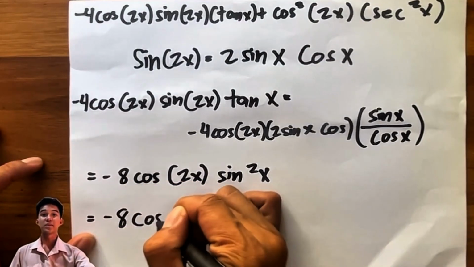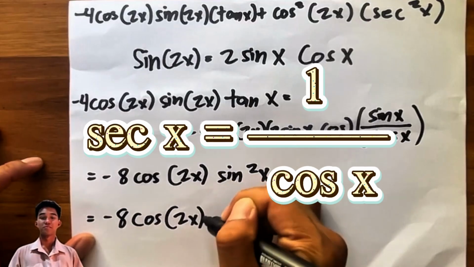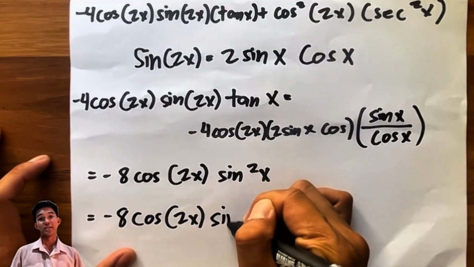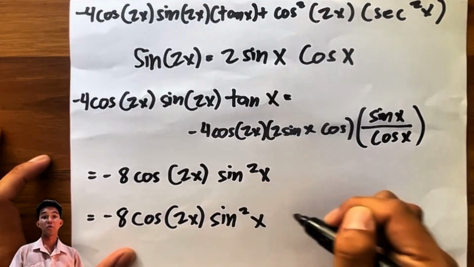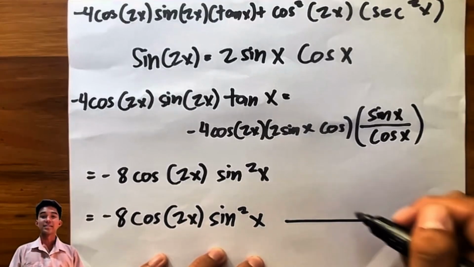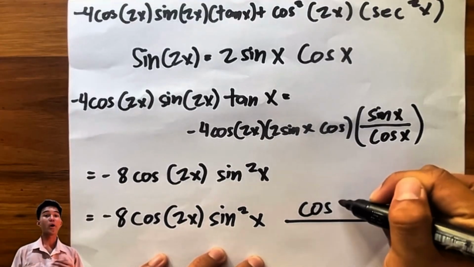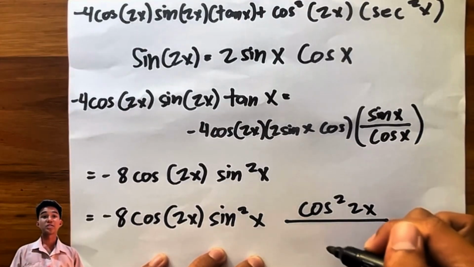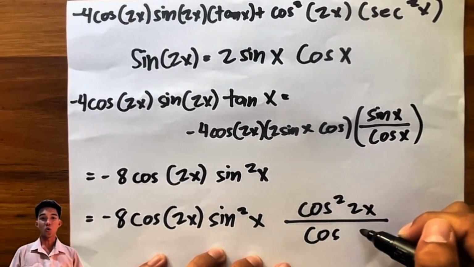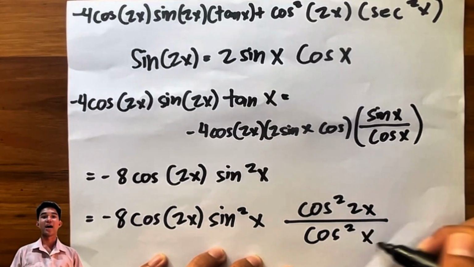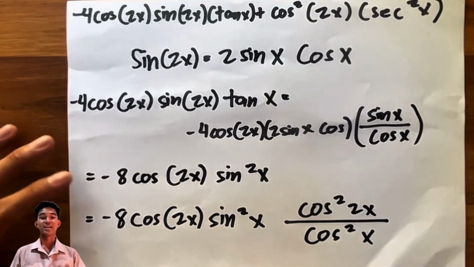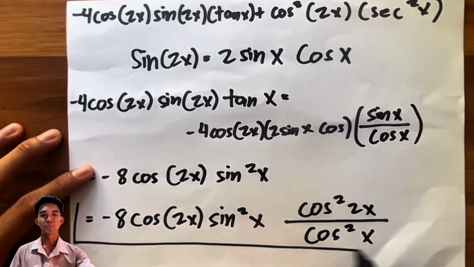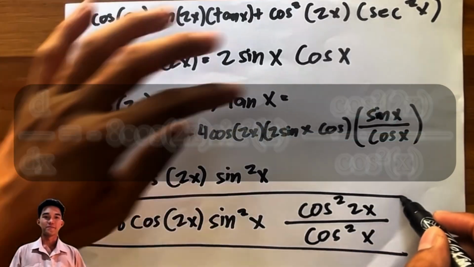Next, simplifying the second term. So that means our final answer is negative 8 cos 2x sine squared x plus cosine squared 2x over cosine squared x. And that is how we differentiate that problem. Thank you.